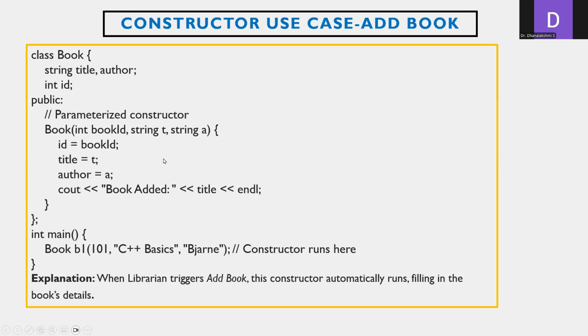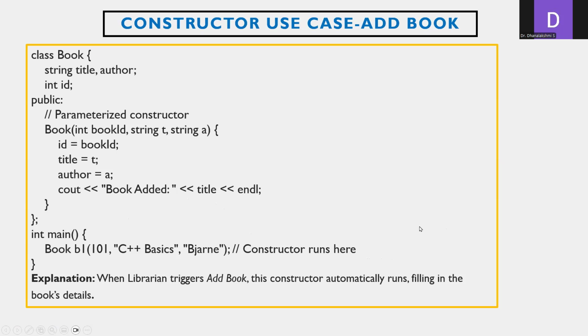We don't have to call it ourselves. That's the beauty of the constructor here. So the constructor runs and prints the message on the screen, book added, C++ basics, as per the given command. This confirms that a new book object has been successfully created and initialized.